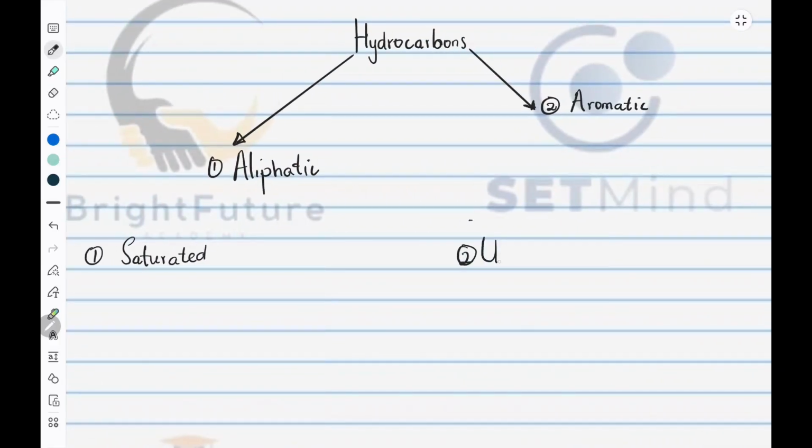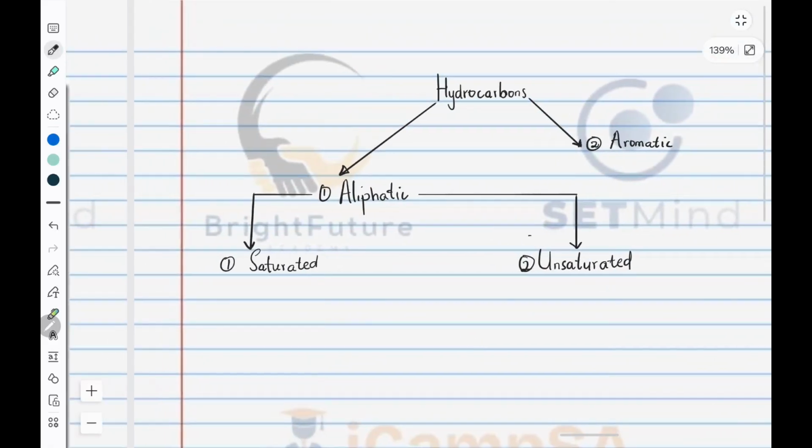Those are the 2 under aliphatic hydrocarbons. Saturated are those hydrocarbons that you will find with single bonds only.